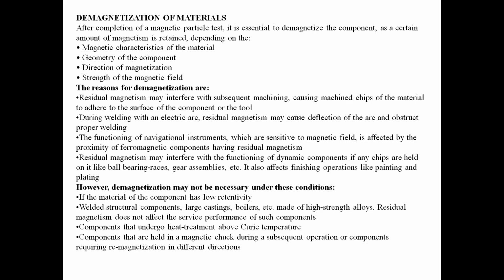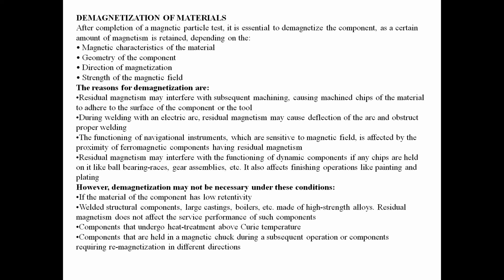We can find the direction by using magnets, because north and south pole indication is done by using magnetism. Based on that, we can decide east, north, south, and west in navigation. So if the component which is tested in magnetic particle testing is used for navigation, automatically the magnetism inside the component causes disturbance. So we have to remove it.